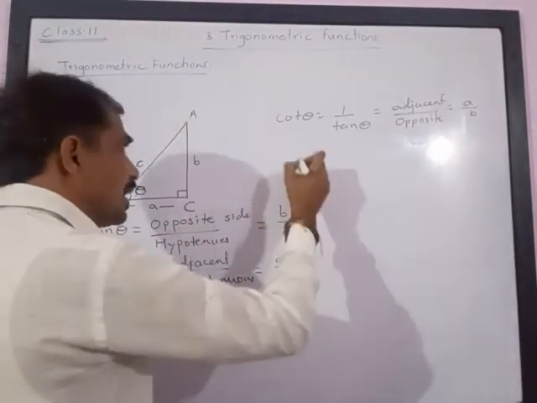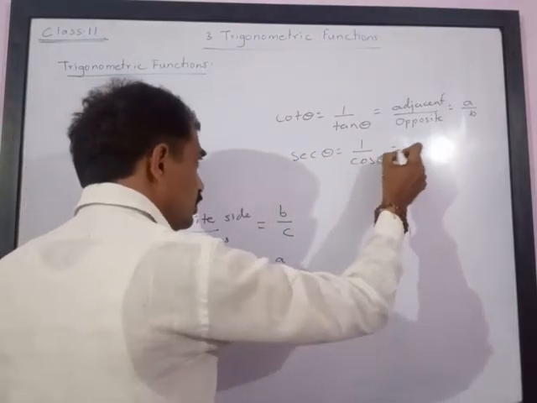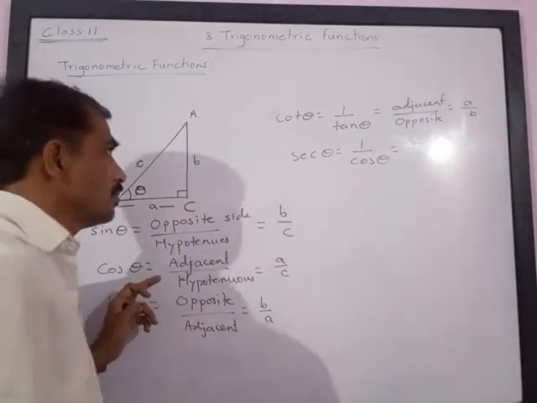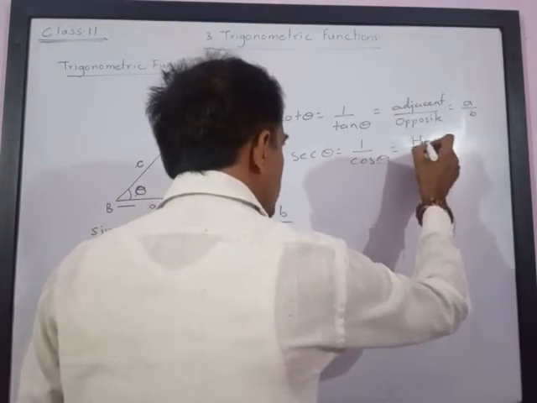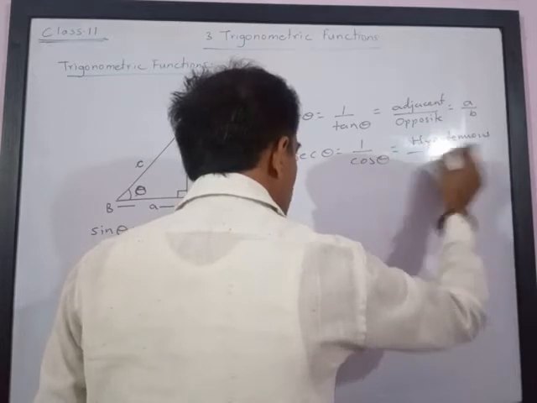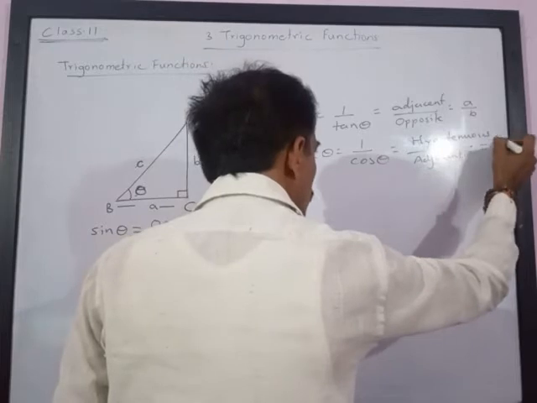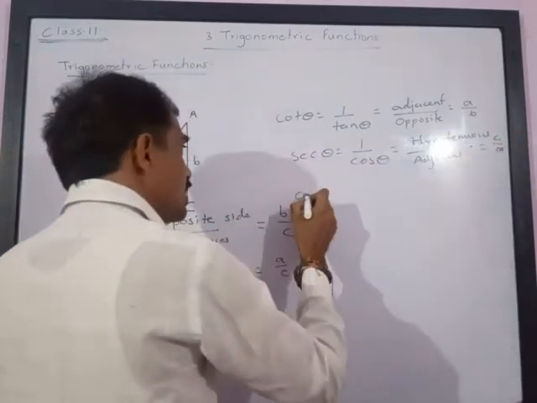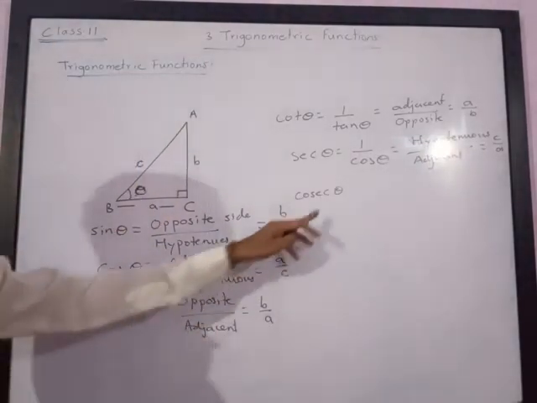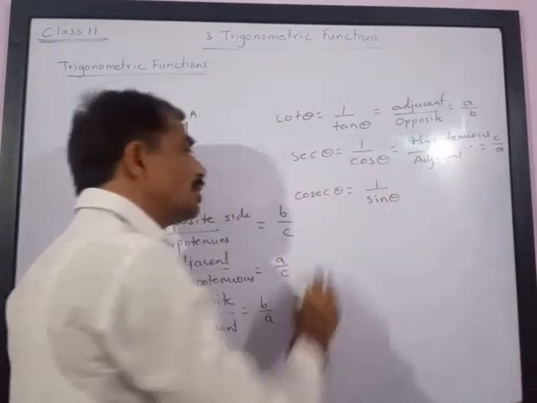Then next was sec theta. Sec theta is equal to 1 upon cos theta, that is the reciprocal of cos theta. It means it is hypotenuse upon adjacent side, equal to c upon a. And lastly it was the cosec ratio, a trigonometric ratio equal to 1 upon sine, that is the inverse or reciprocal of sin theta.